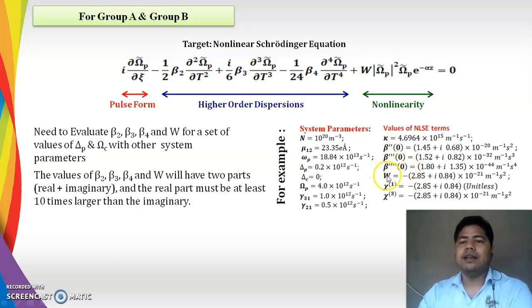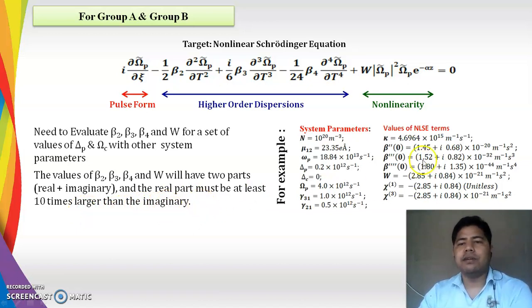Then again we have calculated W, and also chi 1 and chi 3. Here you can see that the values of beta 2, beta 3, beta 4 and W will have two parts, real and imaginary, and the real part must be at least 10 times larger than the imaginary part.